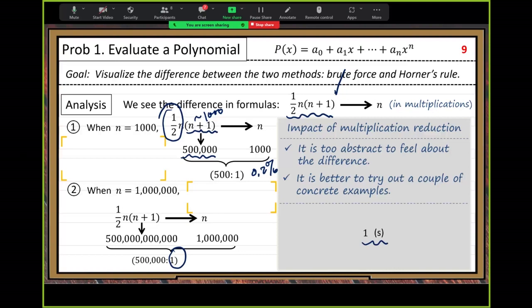Suppose we apply Horner's rule on a 1 million degree polynomial, we just need 1 second to complete the evaluation.